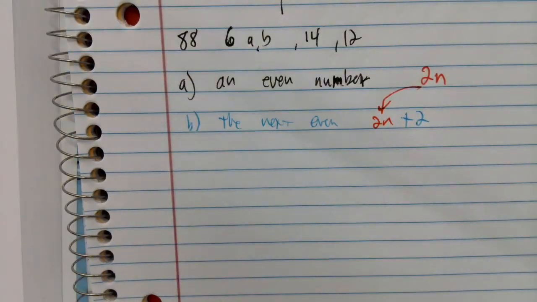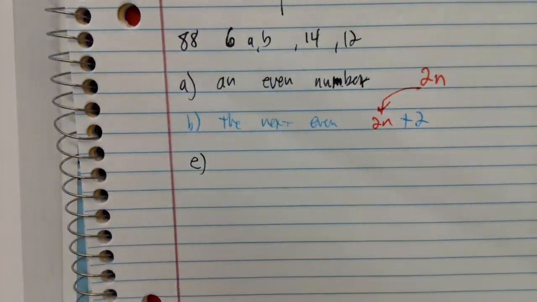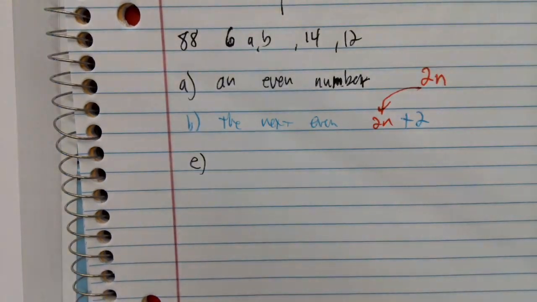Now, I'm going to use that to ask an extension question. We'll call it letter E since that wasn't in the book. Can somebody give me an expression that will always produce an odd number? 1 times a number? All right, so it might have something to do with 1 though. Think about it.